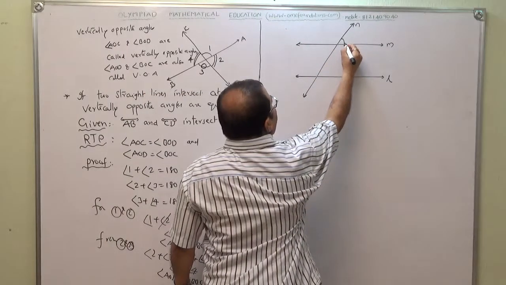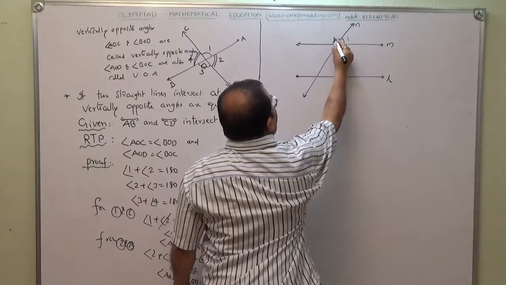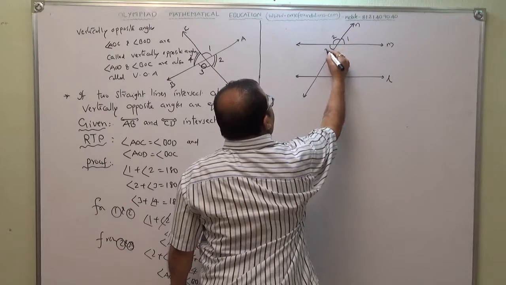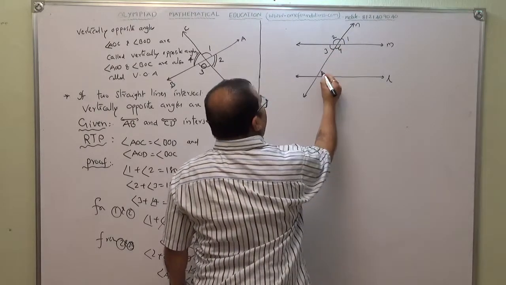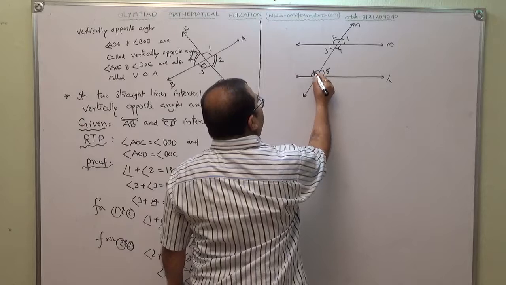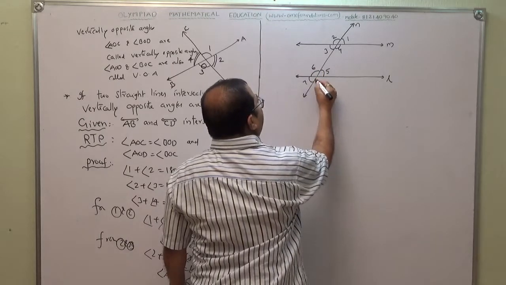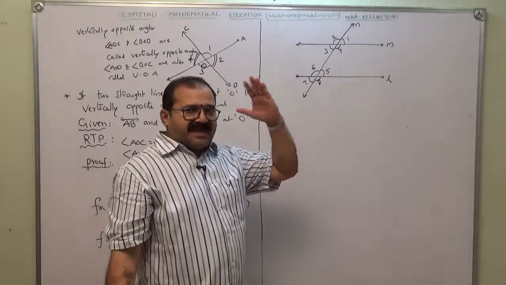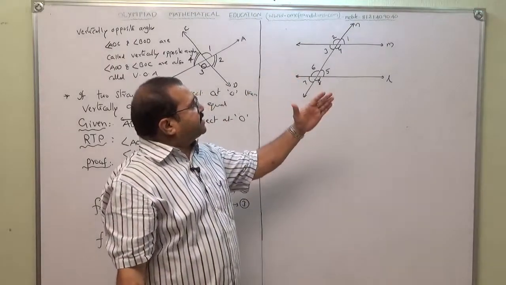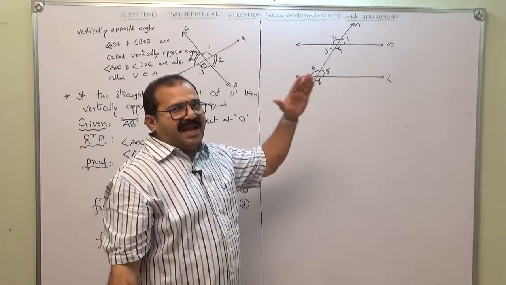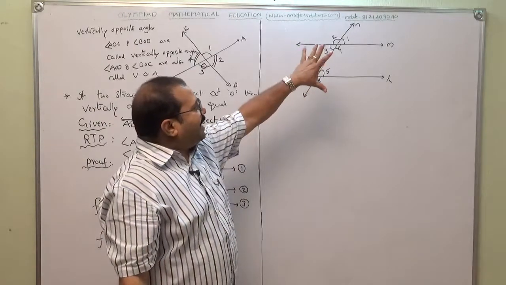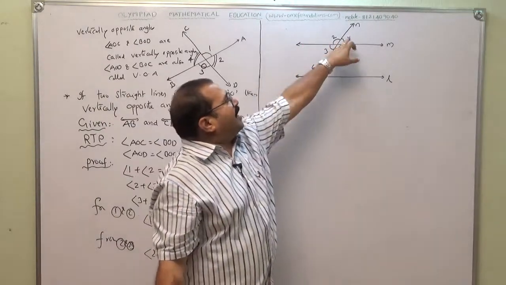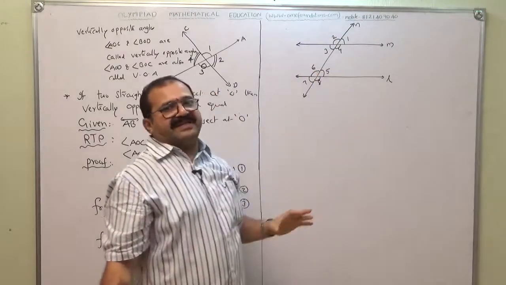So I name these angles as 1, 2, 3, 4. This angle is 5, 6, 7, 8. So a transversal N intersects two parallel lines L and M, and I have named these angles as 1, 2, 3, 4, 5, 6, 7, 8.